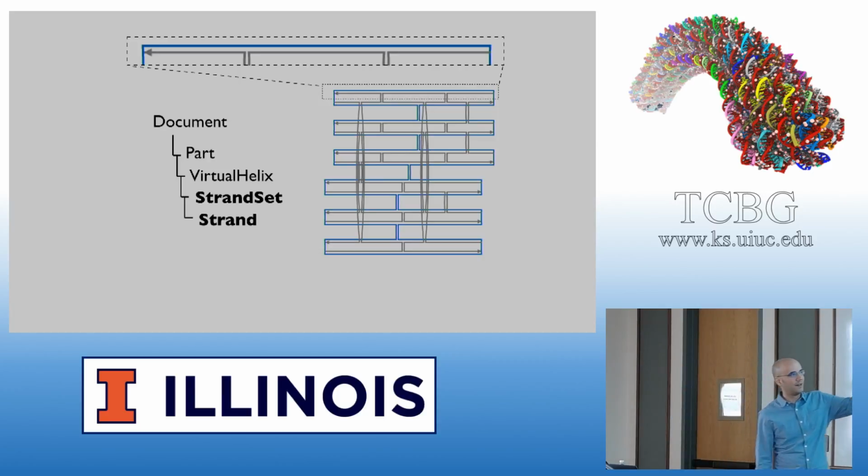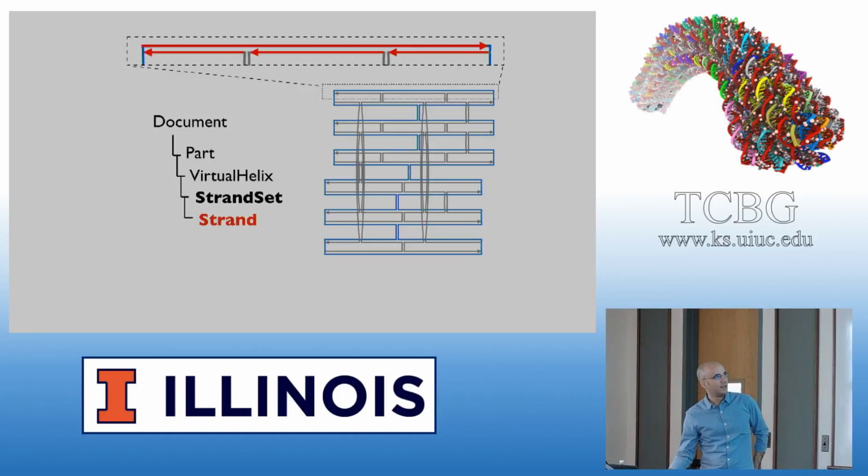We basically house these data structures, a strand set and a strand. So a strand set is basically all the scaffold or all the staple strands. So we do the bookkeeping on those separately. And then the individual strands are really a start index and an end index.